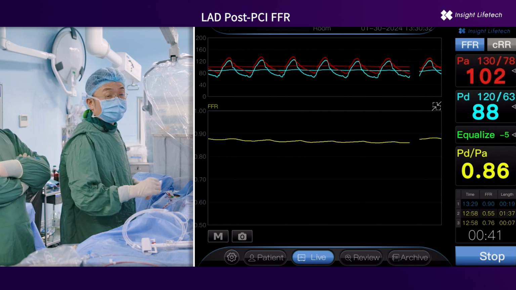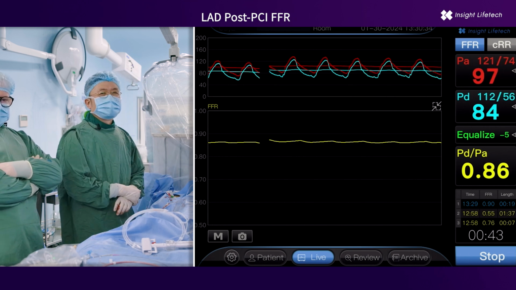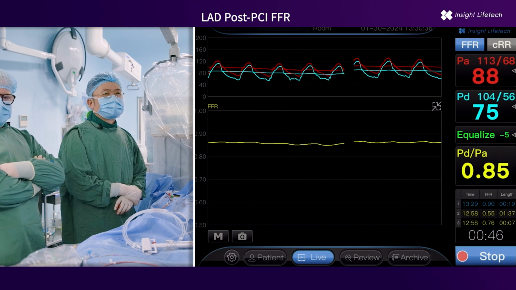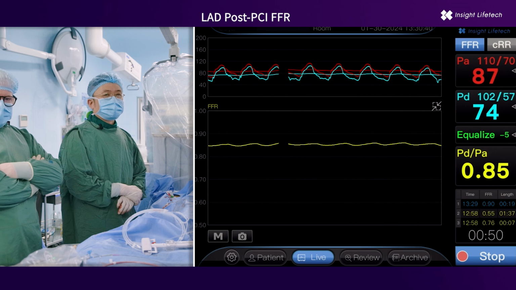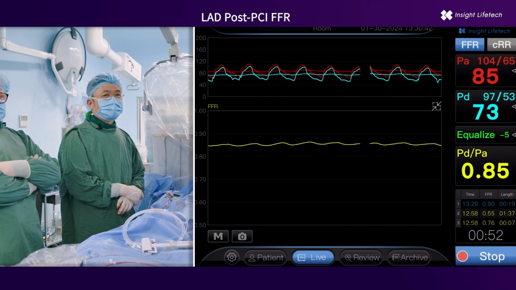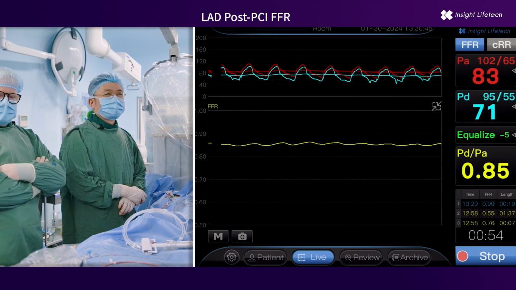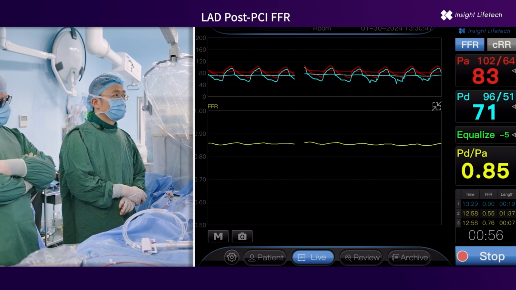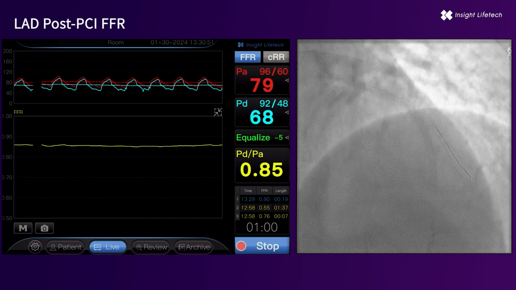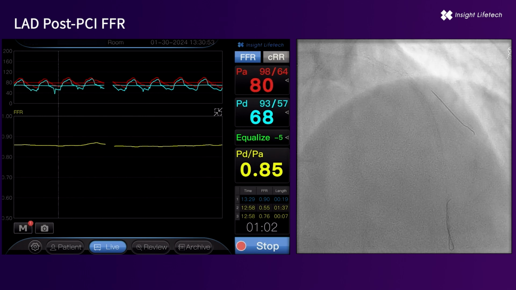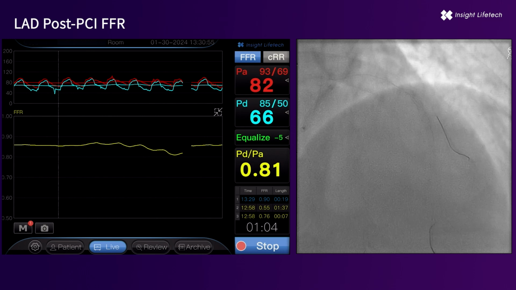Yeah, he will tell us, and we will know where we have the full hyperemia. I think it's quite good. Almost stable. 0.85, which is again, we would love to achieve more than 0.86. Yeah. But 0.85 is not so bad.